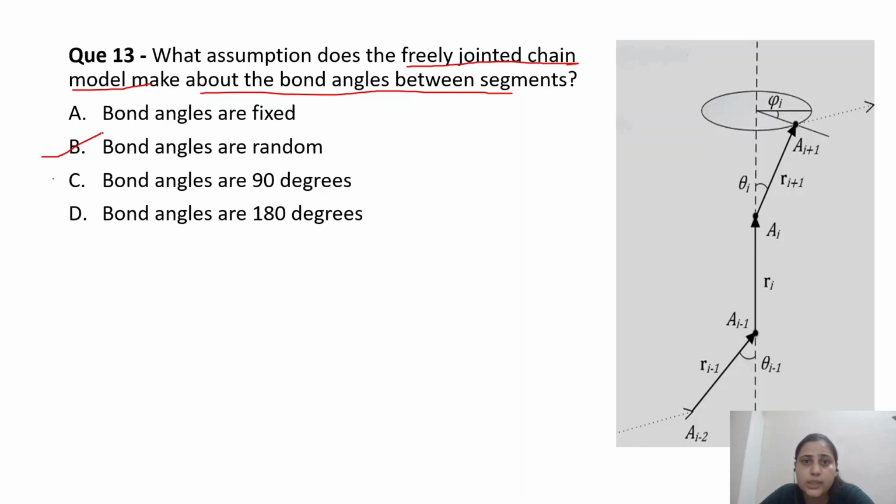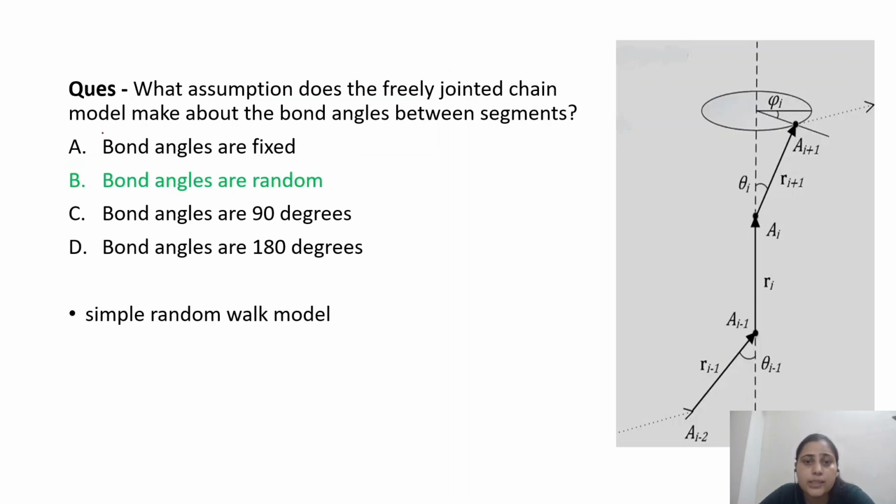But if we see the freely jointed chain model, the bond angles are basically random because, as the name says, freely jointed chain. In this there is no fixed bond angle and it is free to rotate, free to move.